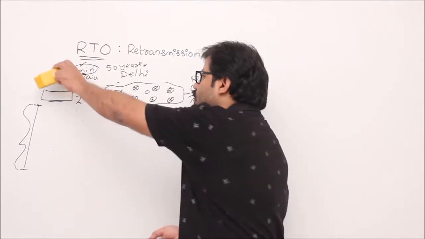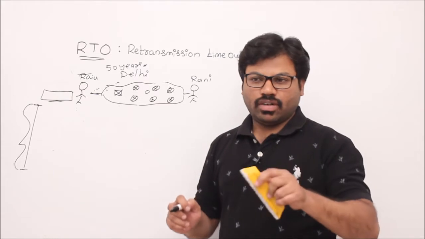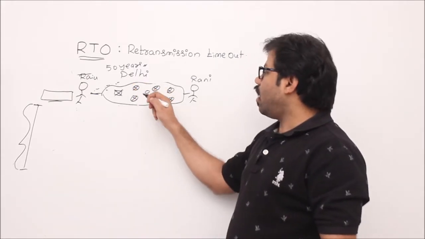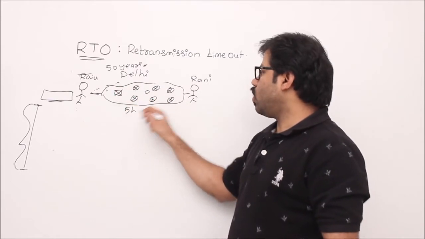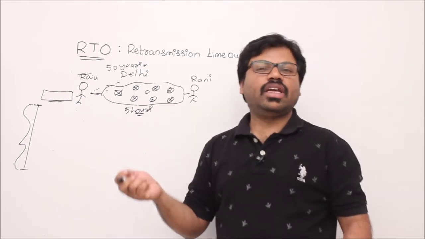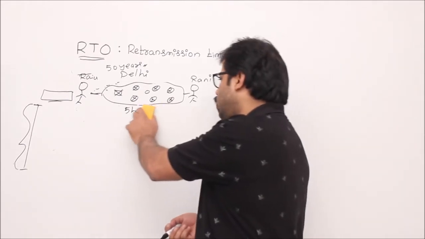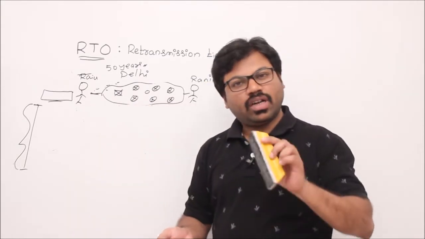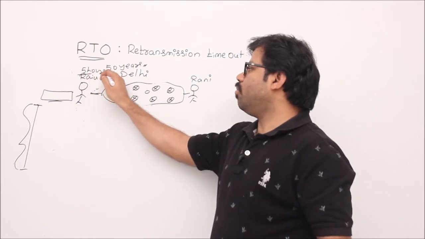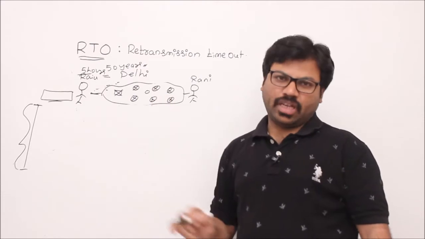And the second one is taking another wrong piece of information. On one particular day, Rakesh took 5 hours to go to Rani's house and come back. But that was a very rare event. At that time his bike had a breakdown, and that's why he spent 5 hours. But if you follow that, what is going to happen? You thought Rakesh would come back after 5 hours, so you went shopping without informing him.